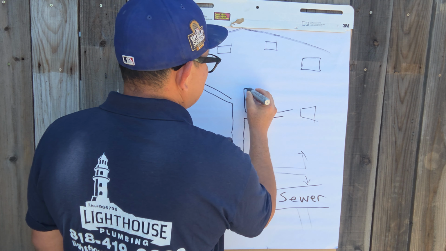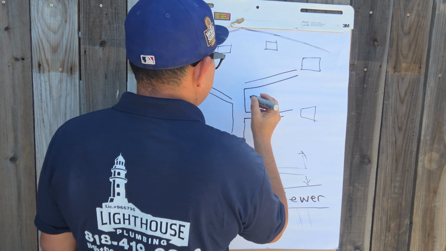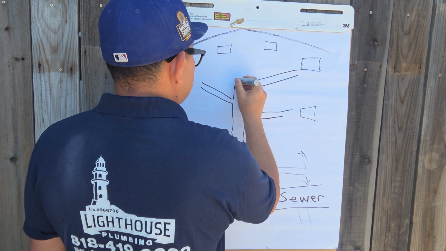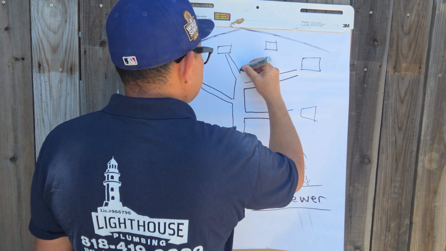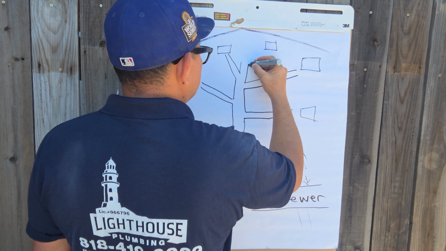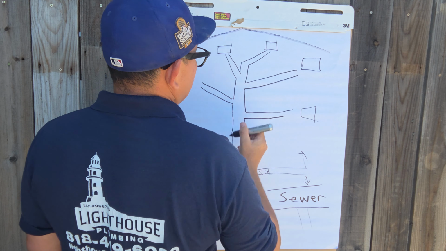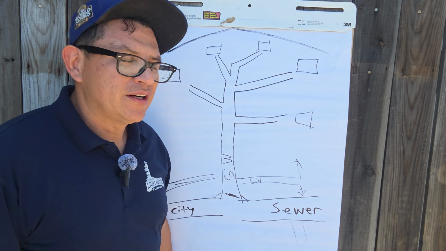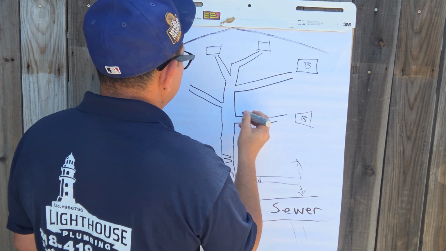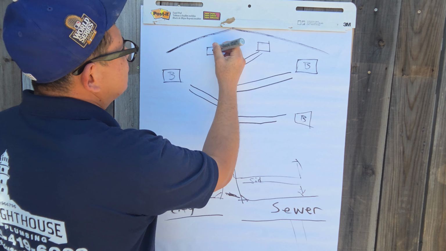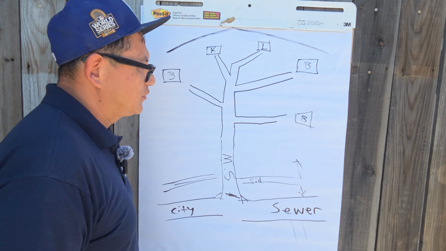Let's continue. The other bathroom, the kitchen, your main sewer keeps going, and your laundry room. All right. Bathroom, bathroom, bathroom. We said kitchen, and we said laundry room, right?